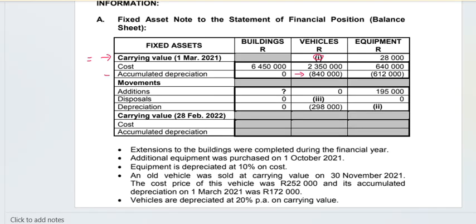Then you go to your transactions, where you will be told whether there is a disposal, the sale of an asset, or the buying, the entrance of new equipment.